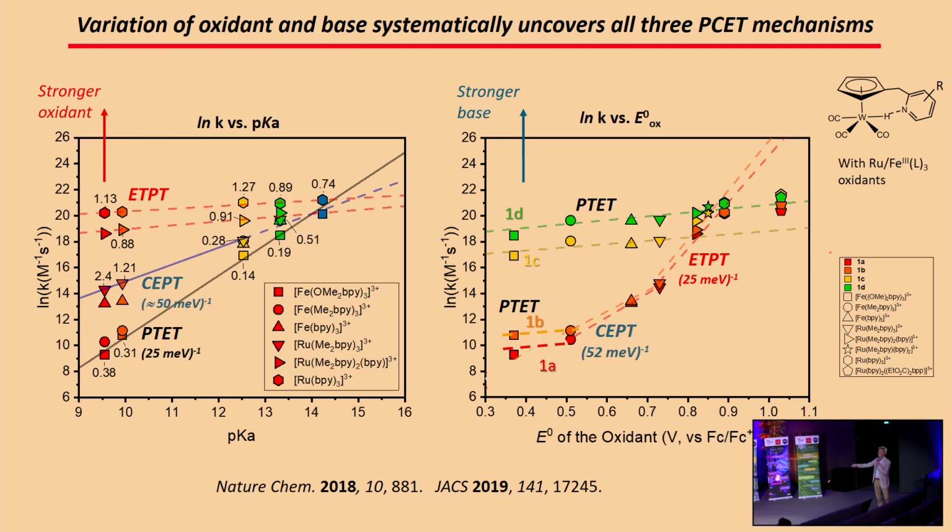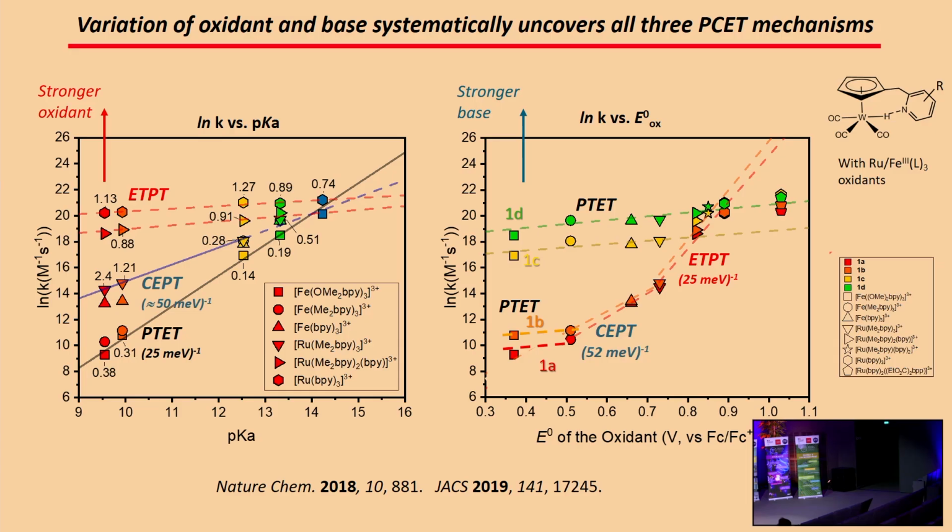And this is the same data, but instead of the different pK values there, we plot the different oxidant strengths there, and we see the expected slopes for the different mechanistic regions. This is the first system where we could show all three mechanisms for the same system by systematic variation of the driving force.